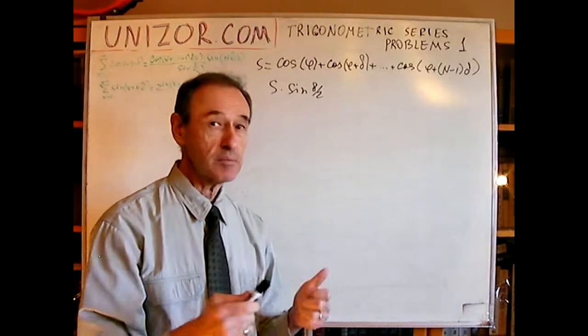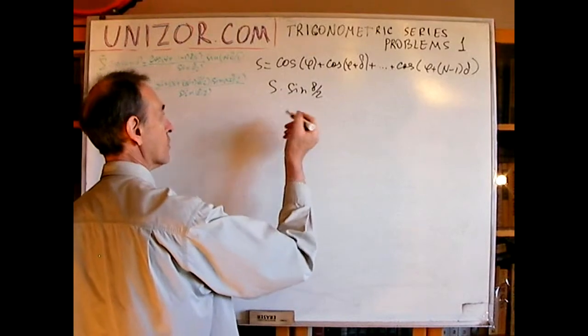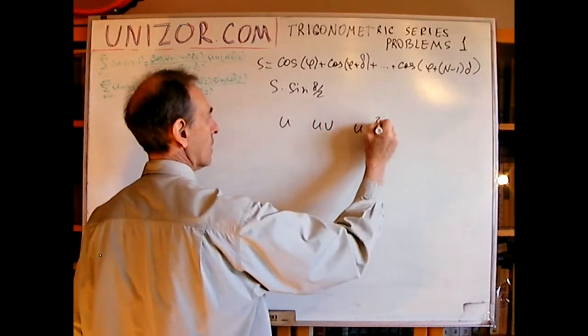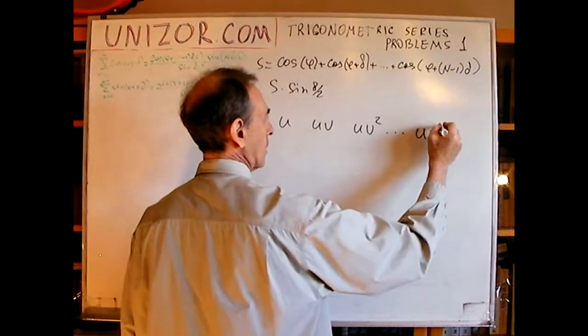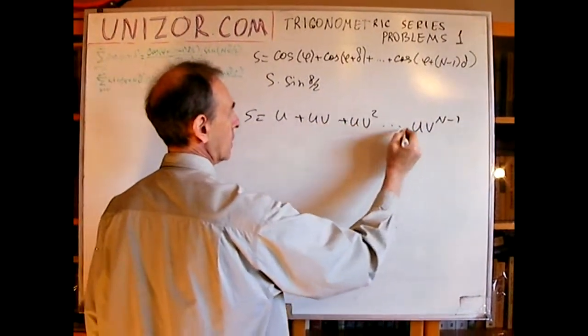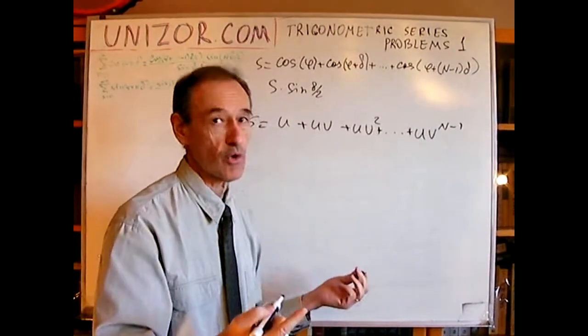Now, it's similar to summing the geometric progression. If you remember, if I have geometric progression like this, how can I sum it up without remembering the formula, of course?